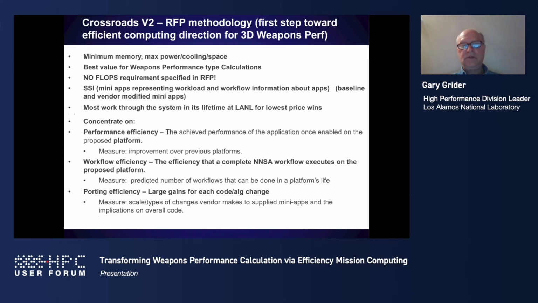So when the vendors do make changes to those mini apps to optimize, we measure not only the optimization and what they gained from it, but we also measure the cost. How much do they have to change those applications, so that we can see what the impacts are for our overall code base, to determine how efficient it is for the people.